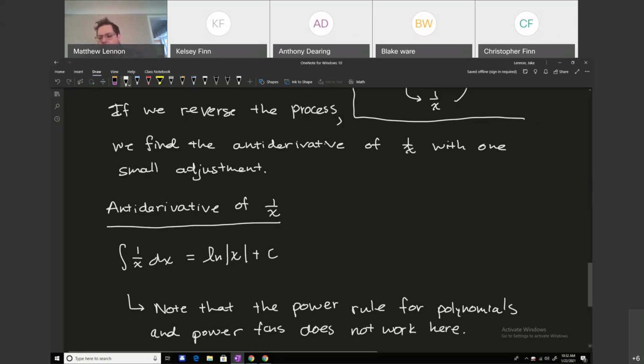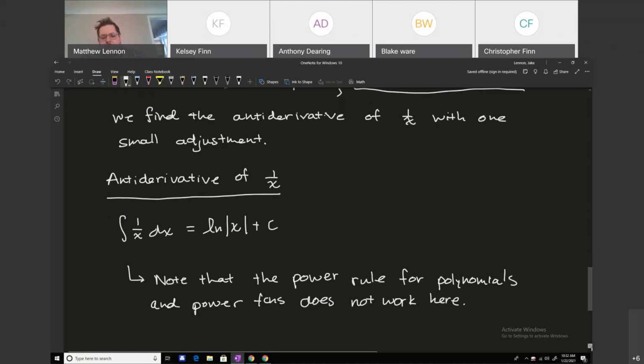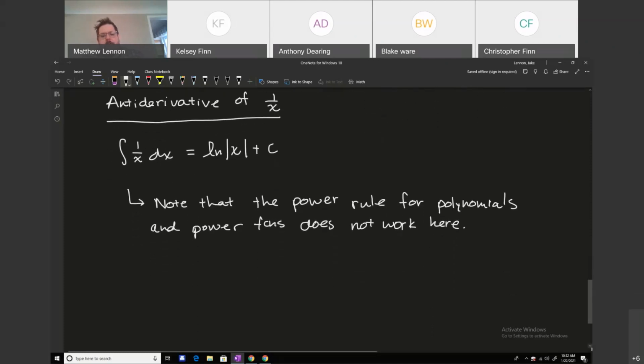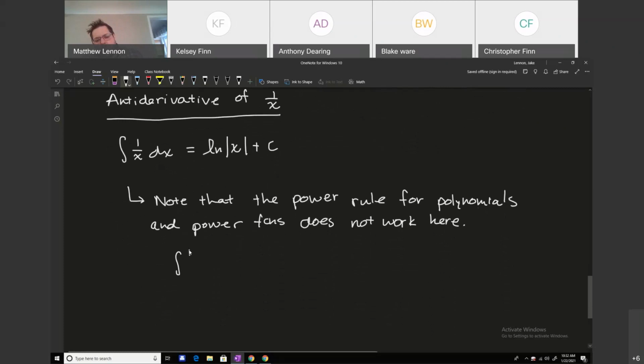Right? What am I talking about? Well, you could think of the integral of 1 over x dx as the integral of x to the negative first power dx. And we said, well, if you have x to a power, x to the n, you just add 1 to the power and then divide by that number. So if you try to use the power rule, you end up with x to the negative 1 plus 1, which is 0.